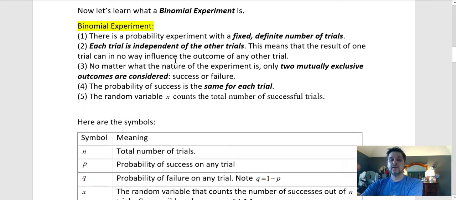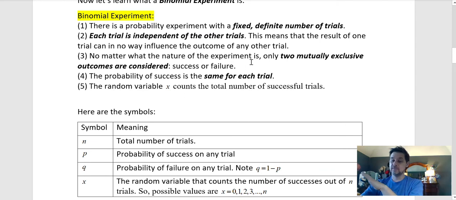All right. Now, remember, in a probability experiment, we don't know what's going to happen. The outcome is random. But in a binomial experiment, think of the prefix bi, meaning two. No matter what the nature of this probability experiment is, there's only two mutually exclusive outcomes.